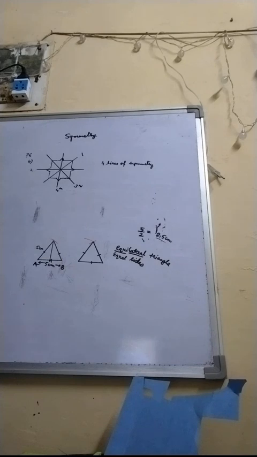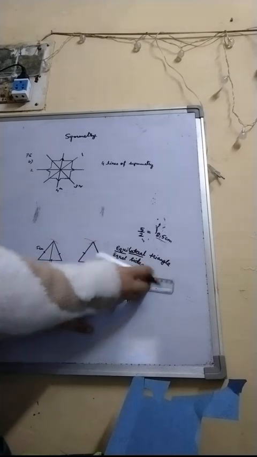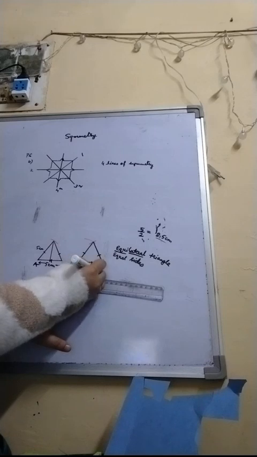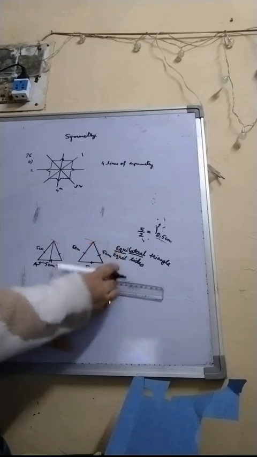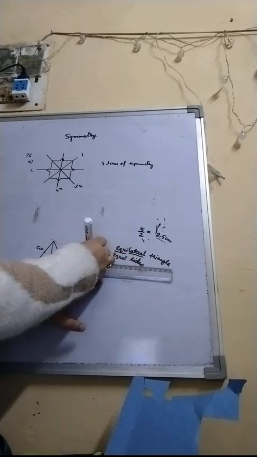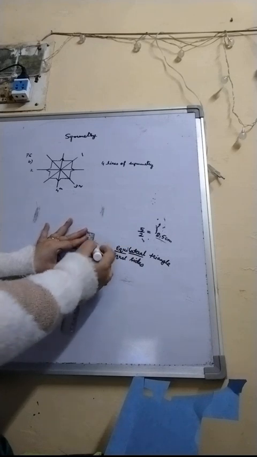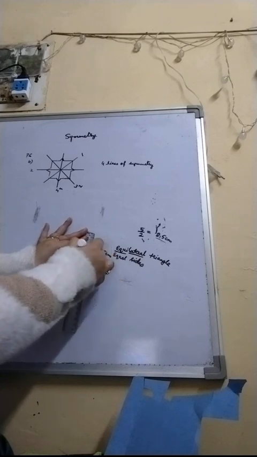Then you have to find the line of symmetry for this. Now what would you do? How would you find the line of symmetry? You have to find the midpoint of all the sides. This is the 5 centimeter base I have taken, and the other sides are also 5 centimeter. So what you have to do is find the midpoint. So this is at 2.5, and join the opposite corner with the midpoint.